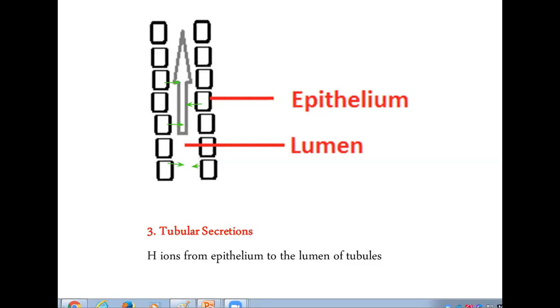We can summarize this whole process once again.